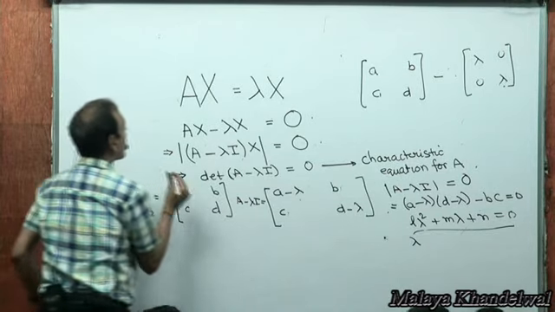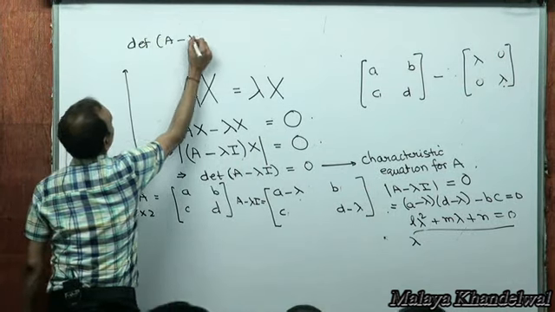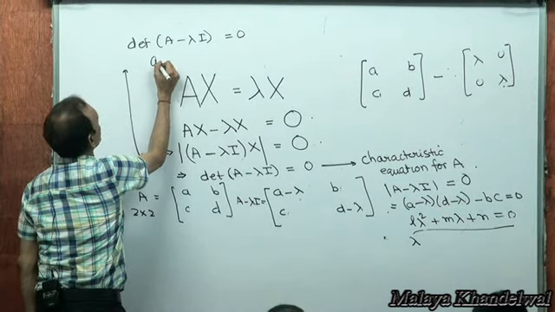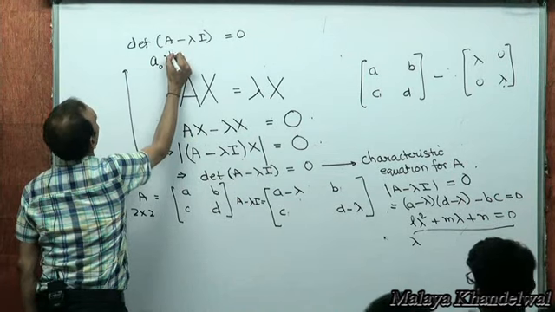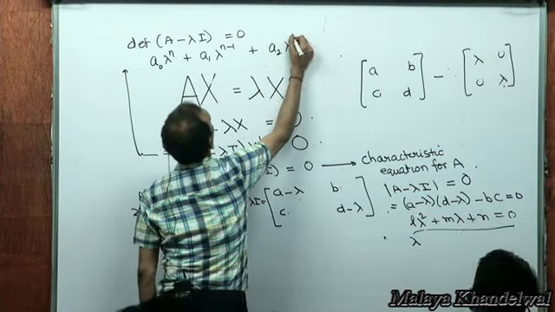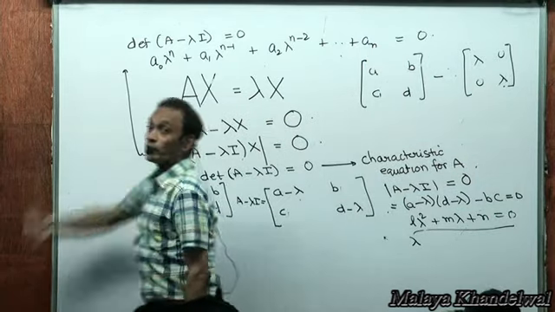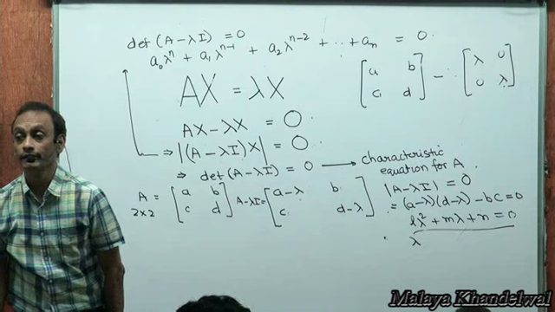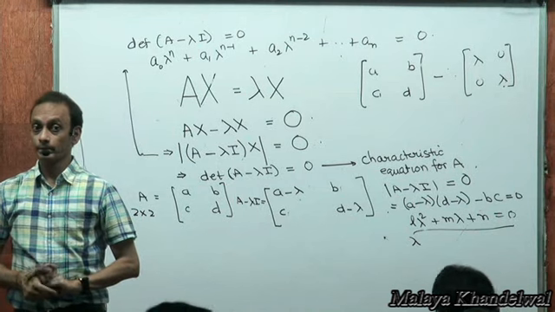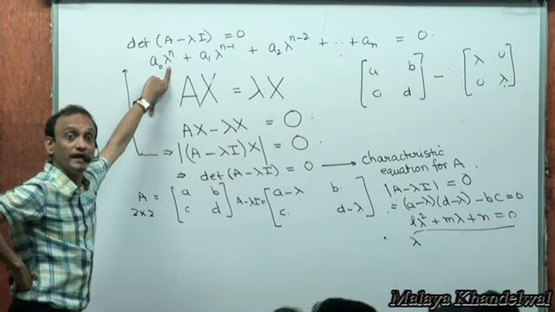So in general, this determinant of A minus lambda I equal to 0 will give me something like A naught lambda to power n plus A1 lambda to power n minus 1 plus A2 lambda to power n minus 2 plus An equal to 0, where lambda is the characteristic root of A. It's a polynomial of degree n in lambda.